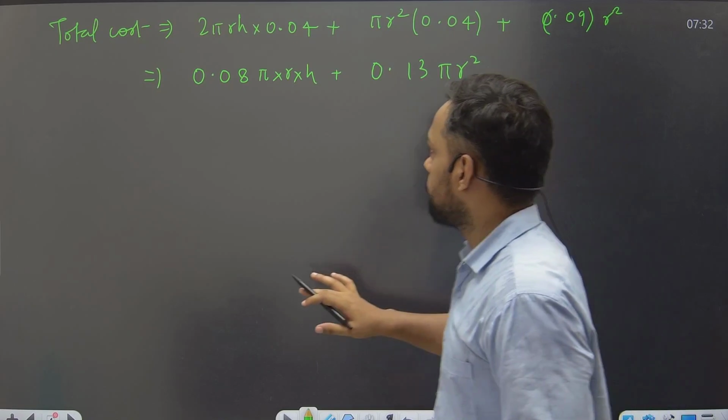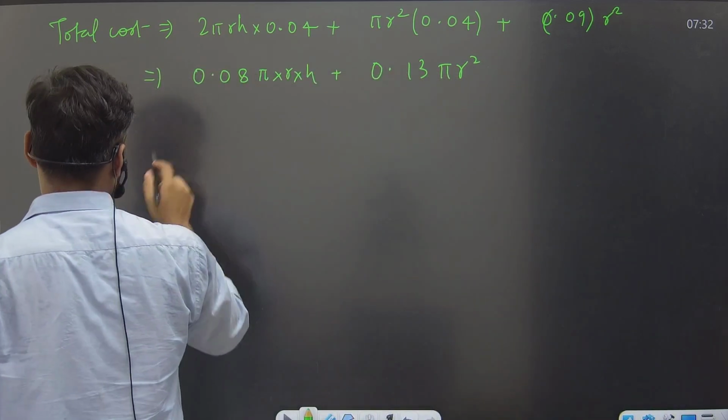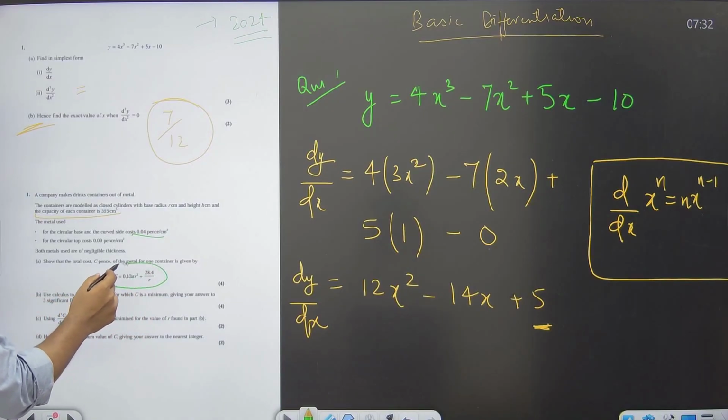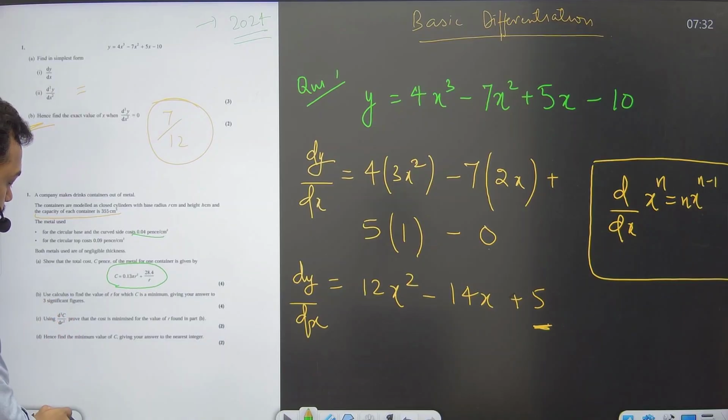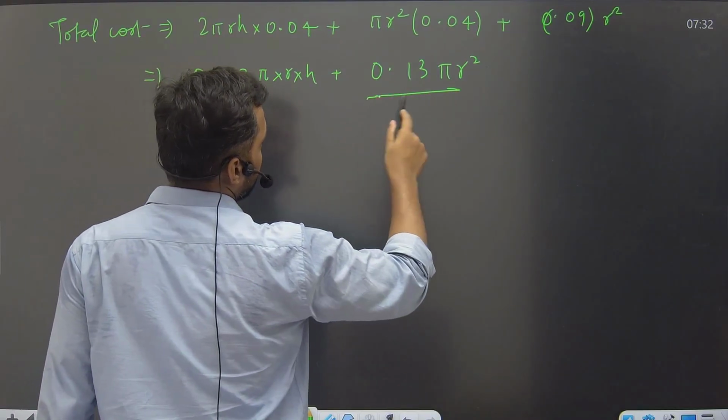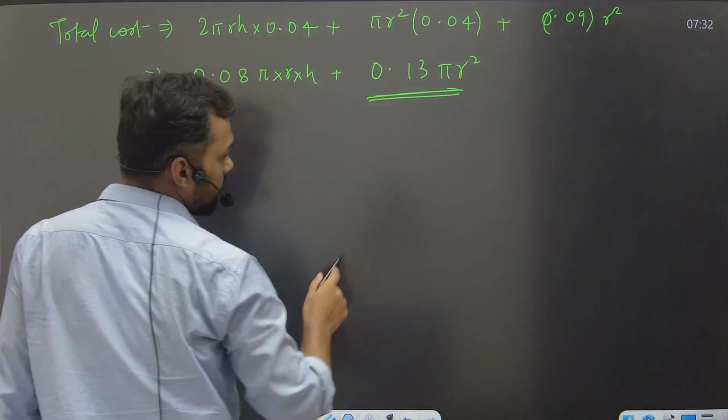Now see, in the question we need to make 0.13 pi r square plus 28.4 by r. We have got 0.13 pi r square, which is our desired value.